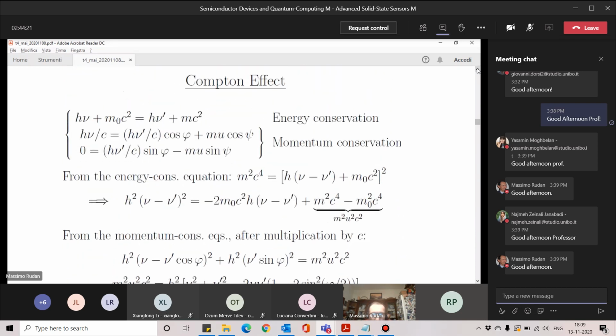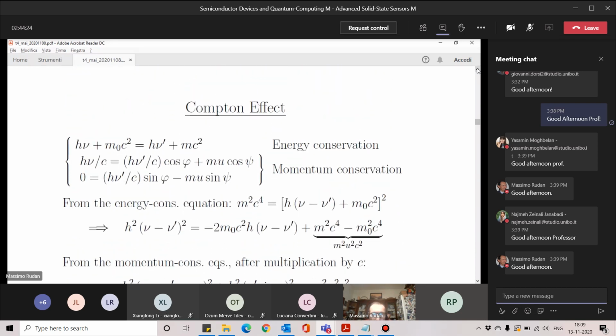Okay, so let's consider the conservation of momentum first. We said that before the collision, the electron is not moving, so we can place it in the origin. So before the collision, the momentum of the electron is 0. Then for the photon, we can assume that before the interaction starts occurring, the velocity of the photon is parallel to the x-axis.